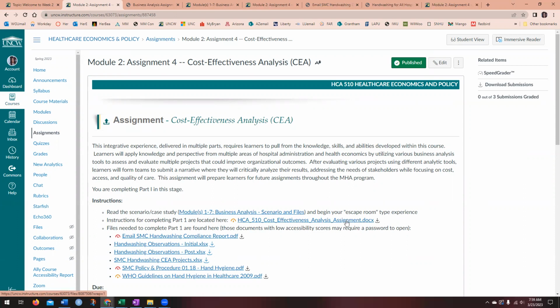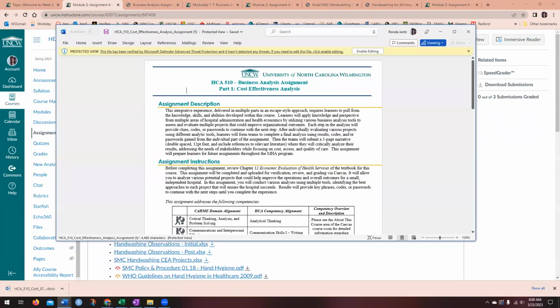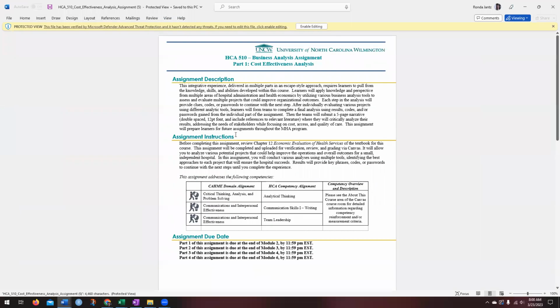And so this is our first assignment file. You're going to want to go into here first, and I think I have it already opened. Oh, I don't think I actually do, unfortunately. Okay, so this is the first assignment for this specific week. And so we are going to look at our facility, we're having trouble with employees washing their hands.